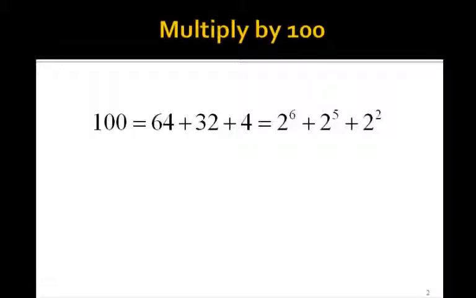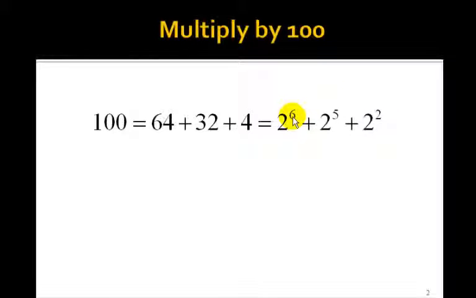Suppose you want to multiply any number by 100. Now, any constant you can write as powers of 2. For example, 100 is 64 plus 32 plus 4, which is 2 to the 6th plus 2 to the 5th plus 2 squared. So it turns out that all you have to do is shift to multiply by 2.